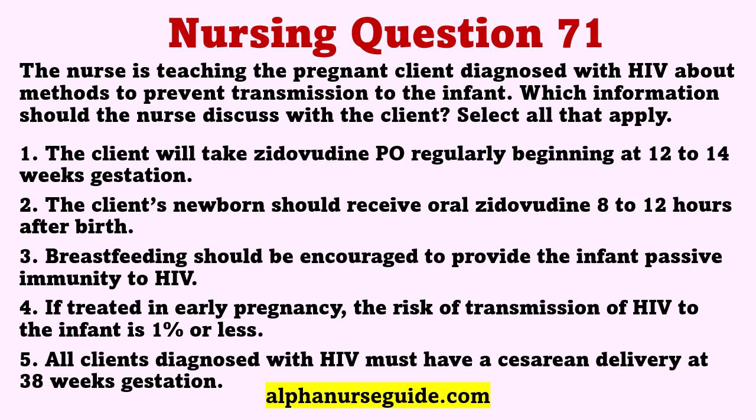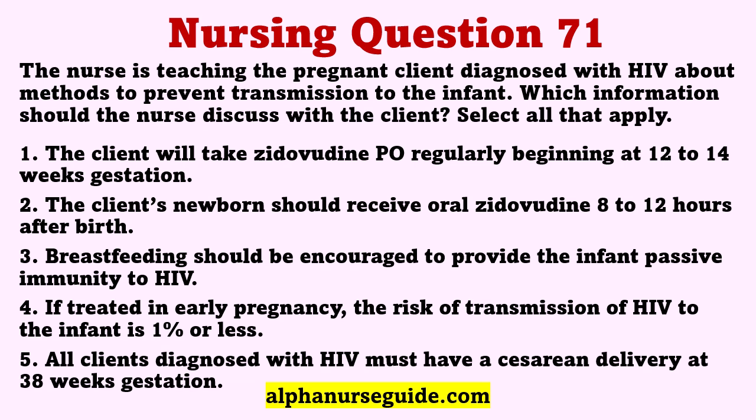The nurse is teaching the pregnant client diagnosed with HIV about methods to prevent transmission to the infant. Which information should the nurse discuss with the client? Select all that apply. 1. The client will take zidovudine PO regularly beginning at 12 to 14 weeks gestation. 2.